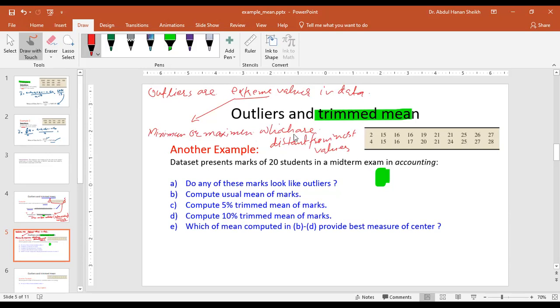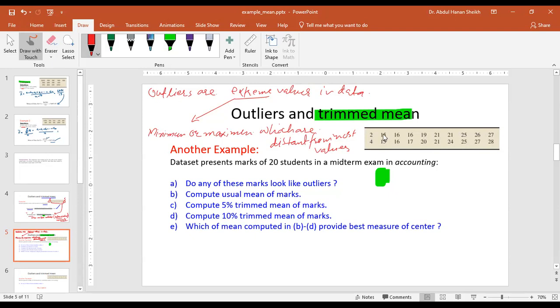Now just think about this definition, and which values do you think are outliers, the extreme values? So 2 and 4, because the rest of the values are very far from 2 and 4.